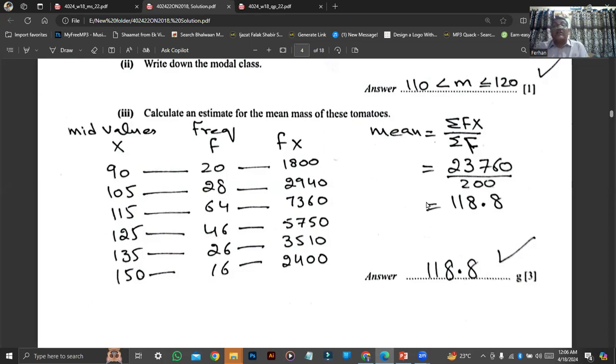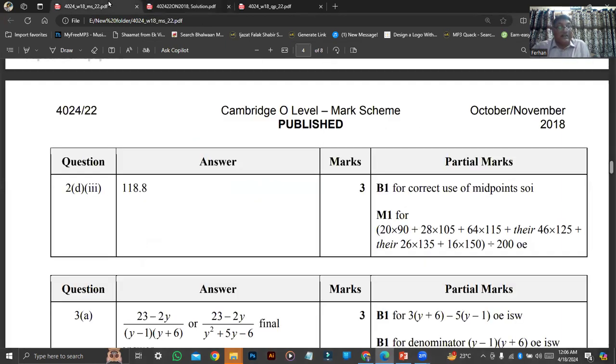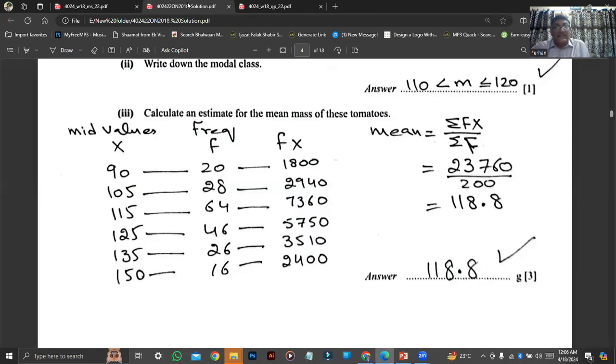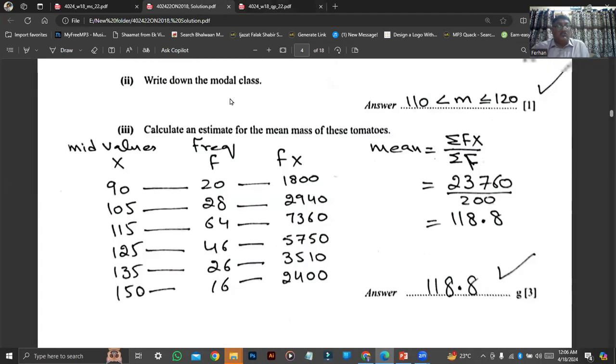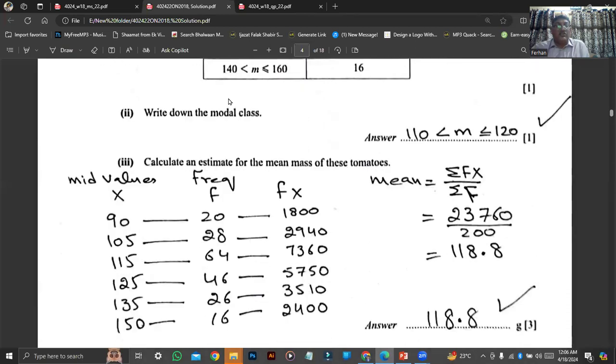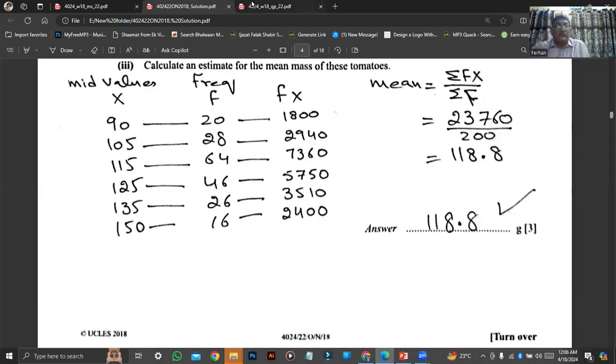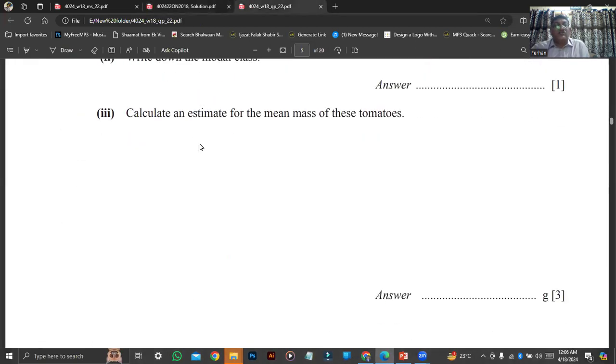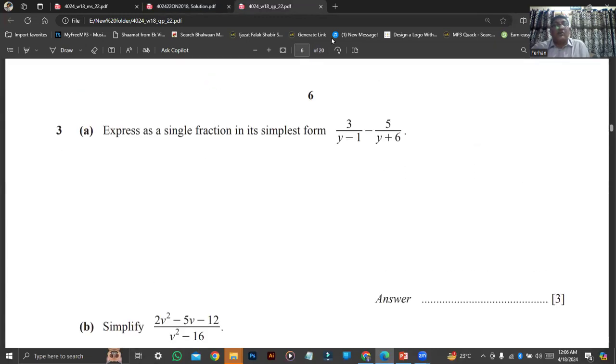So 23,760 divided by 200 is 118.8. So 118.8 is the right answer. I hope you understand how this is done. So that was question number 2, and now we are going to question number 3.